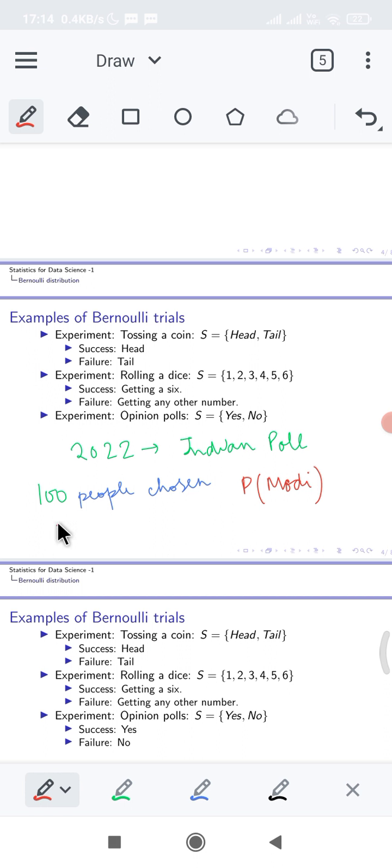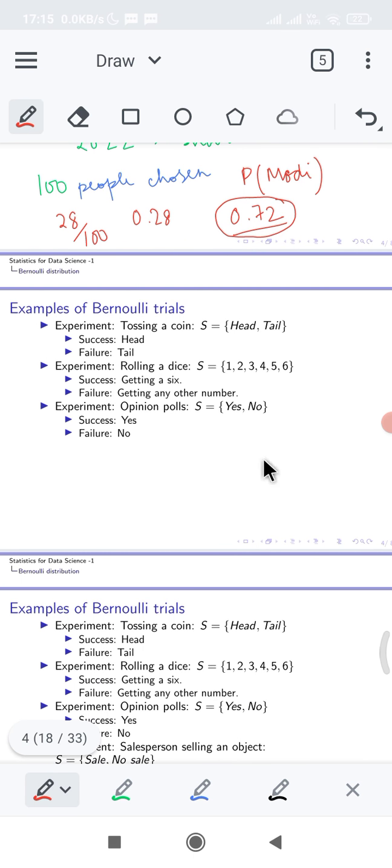Suppose 28 people out of 100 choose Modi, so this would be 28 by 100, or 0.28 is the probability, and its complementary probability would be 0.72. We don't care how many candidates there are. We can just straightforwardly say that 0.72 is the probability of not choosing Modi as a candidate.